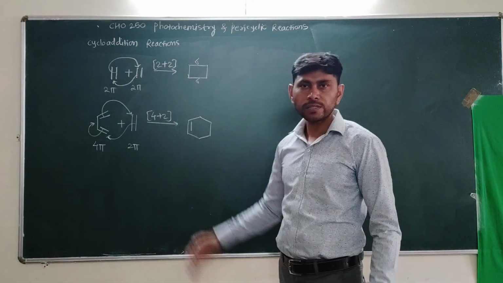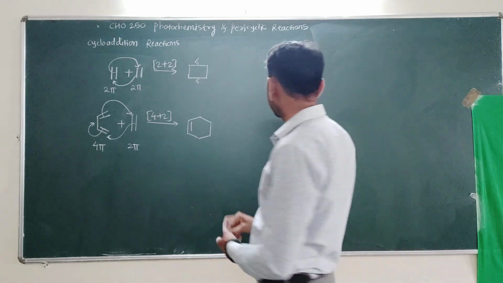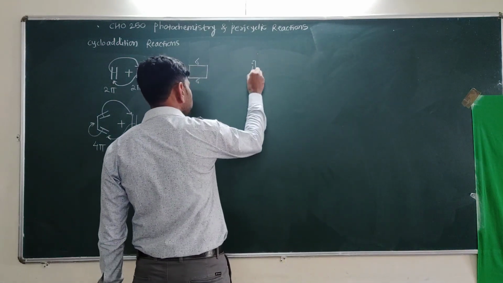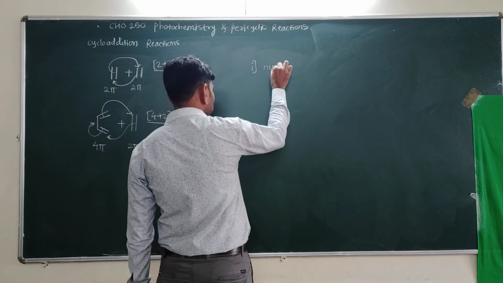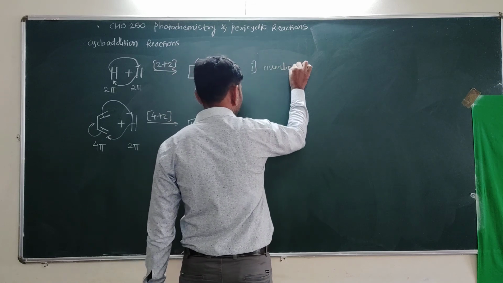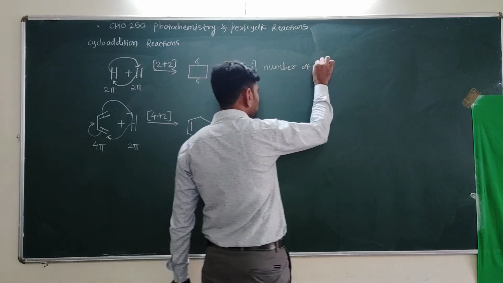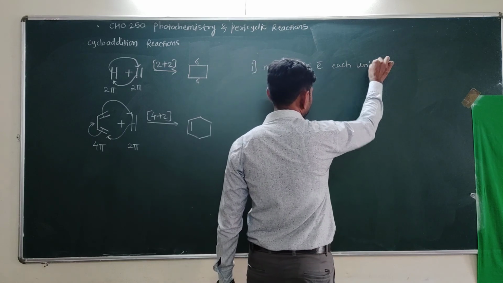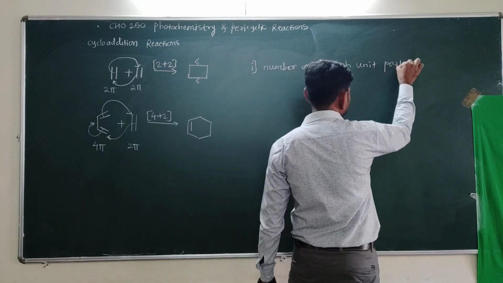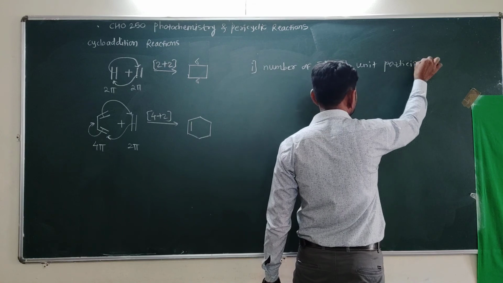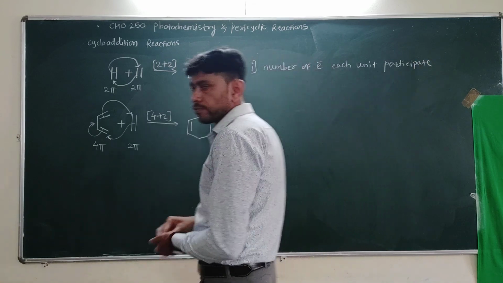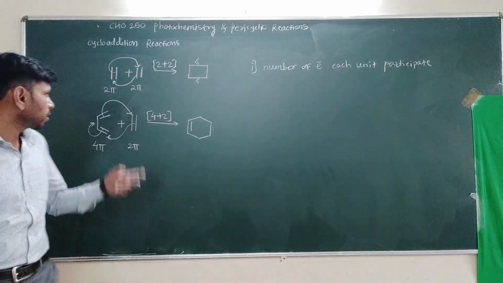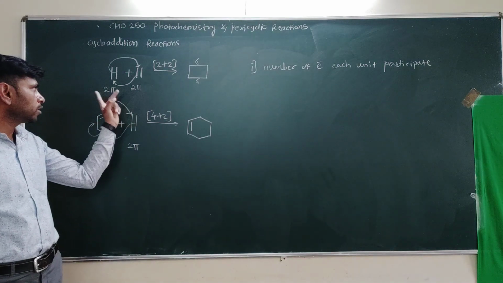While studying cycloaddition reactions, there are 3 major points to consider. First is the number of electrons of each unit participating. Here 2 units participate, so we have to consider the number of electrons for both units: first unit, second unit, 2, 2.